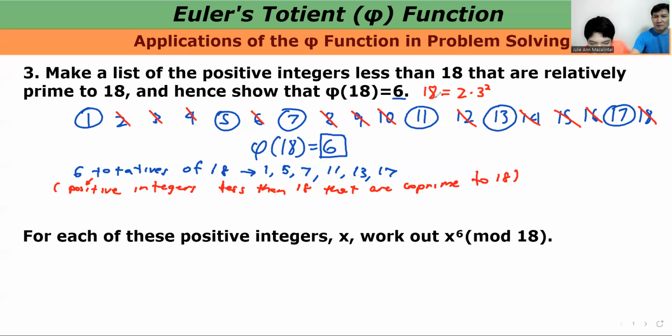Since the prime factors of 18 are 2 and 3, 2 and 3 are not their common factors.